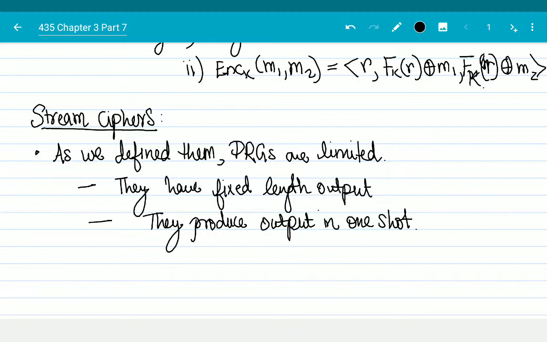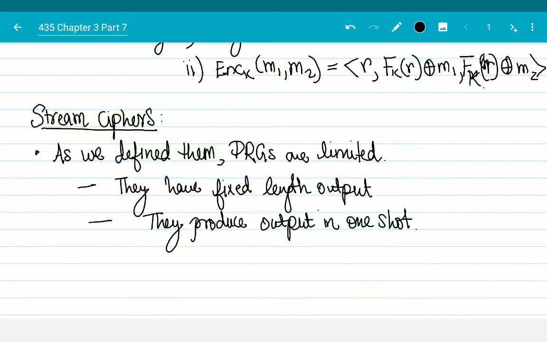And that will allow us to encrypt messages of any length, right? Even yesterday, technically we only encrypted messages of length multiples of n, right? Each block was of length n or something, and we encrypted those.